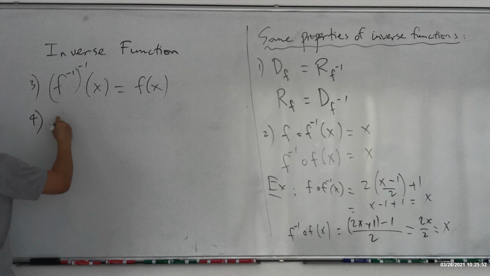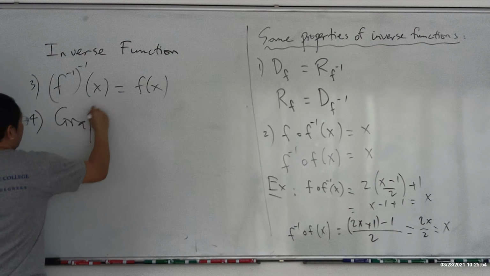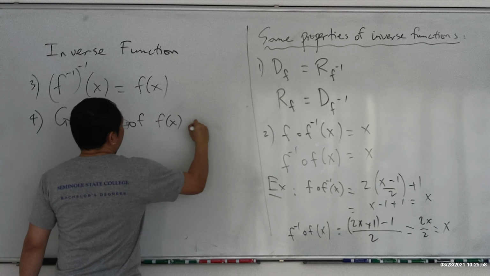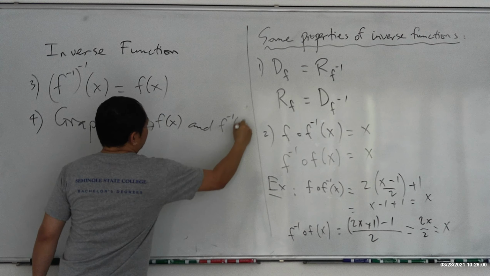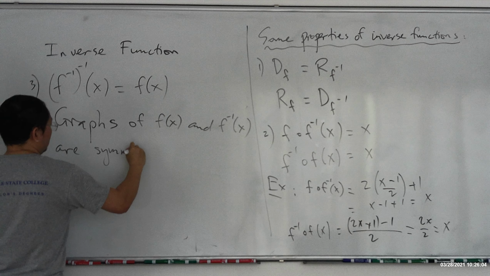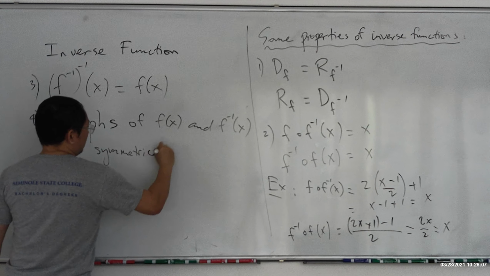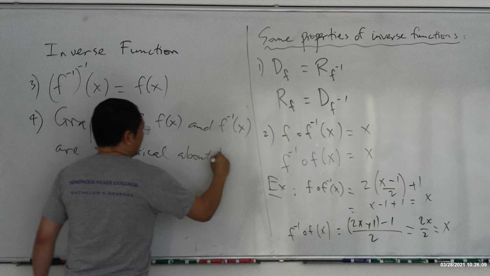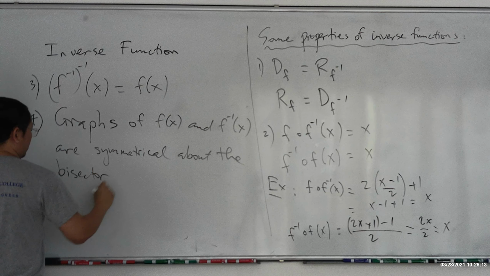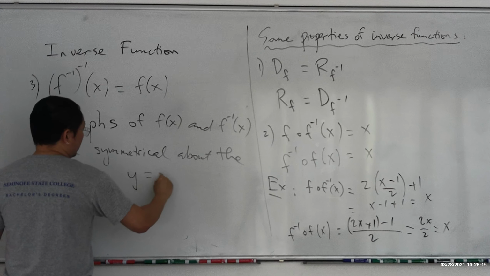Property number 4. The graphs of f of x and f inverse are symmetrical about the bisector y equal to x.